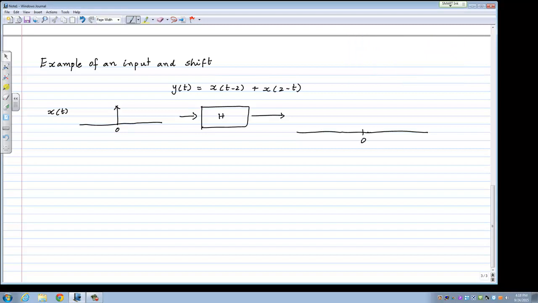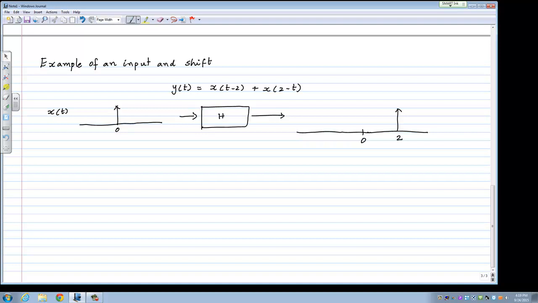So you can see that y of t is x of t minus 2 plus x of 2 minus t. Now what is x of t minus 2 when x of t is the delta function? It's just delta of t minus 2, which means this is a delta that occurs at time 2. And delta of 2 minus t, what is delta of 2 minus t? It's the delta function shifted to the left by 2, right, and then flipped.